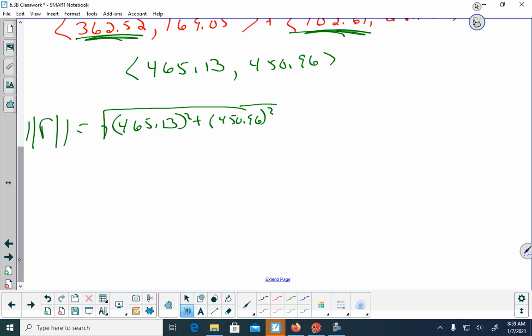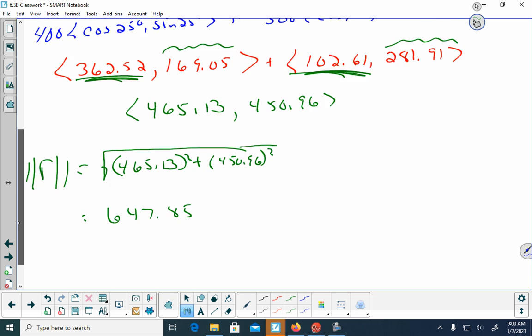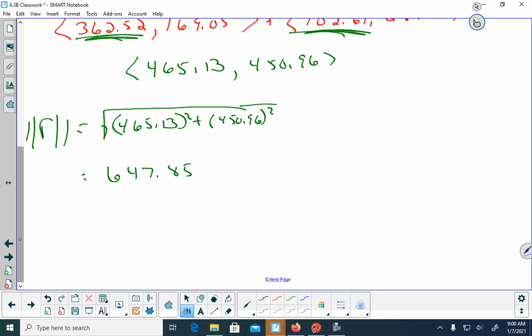I'm doing this all in one step, square root of all that in my calculator. And when I do that, I get 647.85. So that's how long that line is. That's my magnitude. If this were a word problem, it would have units attached to it, like miles per hour, kilometers per hour, something like that.